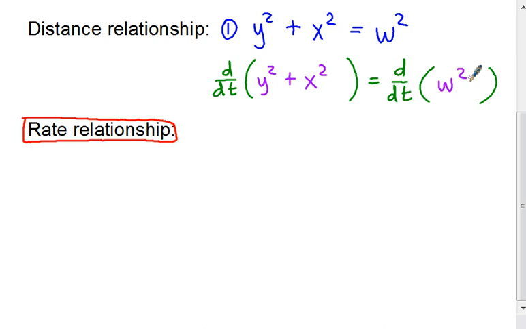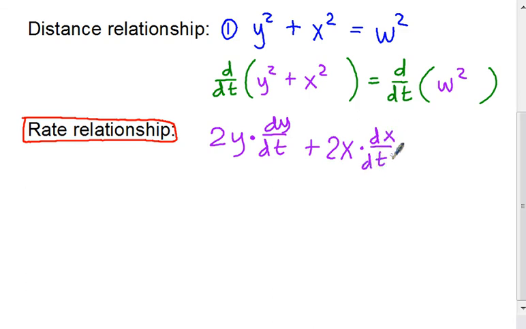To do that, we simply apply the chain rule, which tells us we get 2y times the derivative of what's inside with respect to the t variable, plus 2x times the derivative of what's inside with respect to time, and that should equal 2w times the derivative of what's inside with respect to time.